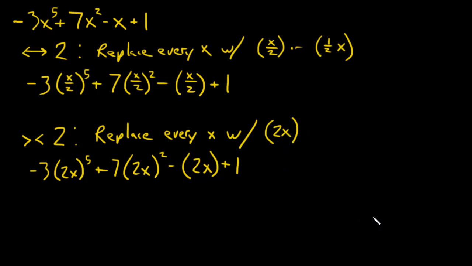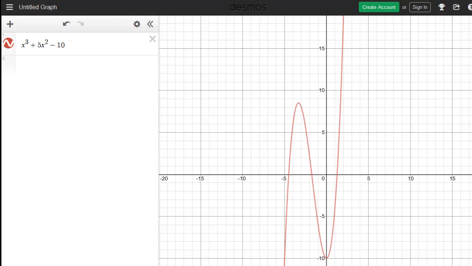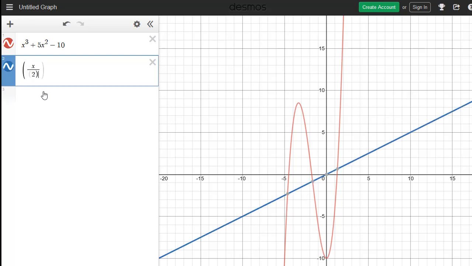Alrighty, so now let's go over to Desmos and see what this looks like. So here we go. Okay, so here we have our friendly function. Now let's do some stretching and shrinking horizontally. So if I want to stretch it by a factor of 2 horizontally, I replace every x with x divided by 2.